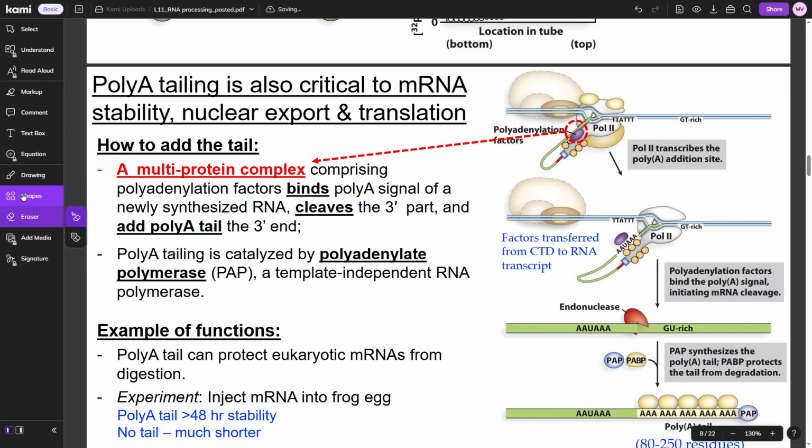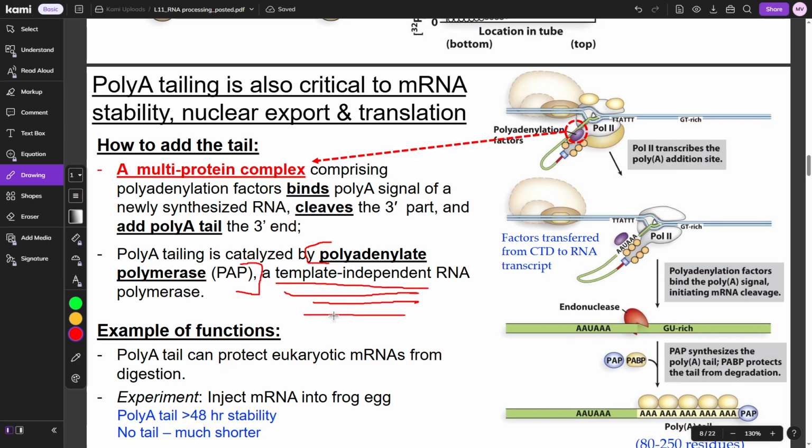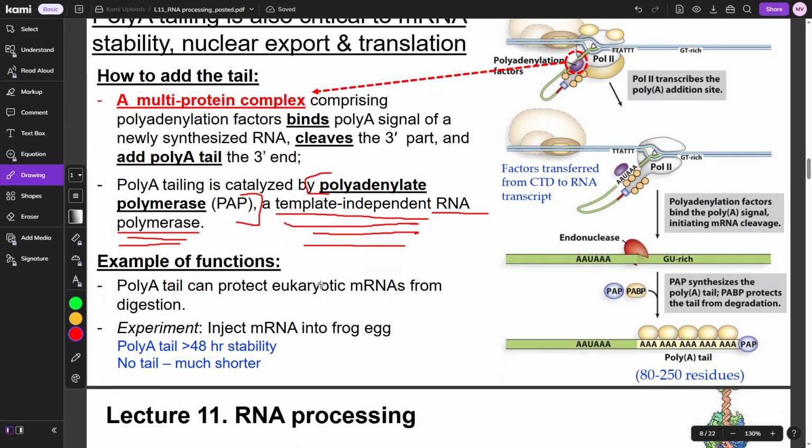And the enzyme that does this, the important part, is PAP, polyadenylate polymerase, which is a template-independent RNA polymerase. It does not need a template strand. It's also an RNA polymerase, not a DNA polymerase. And what this does is it helps protect the mRNA from being degraded and stuff like that.